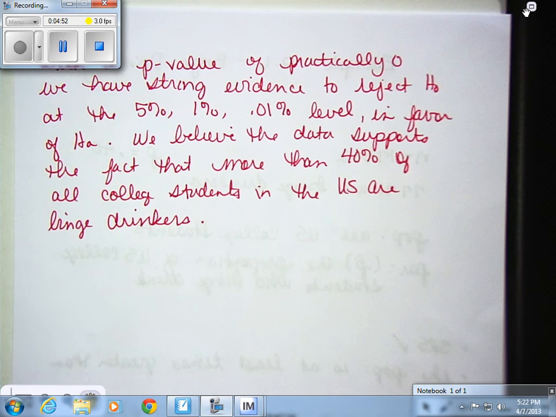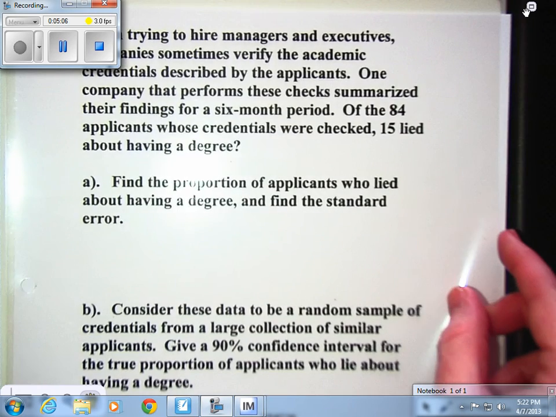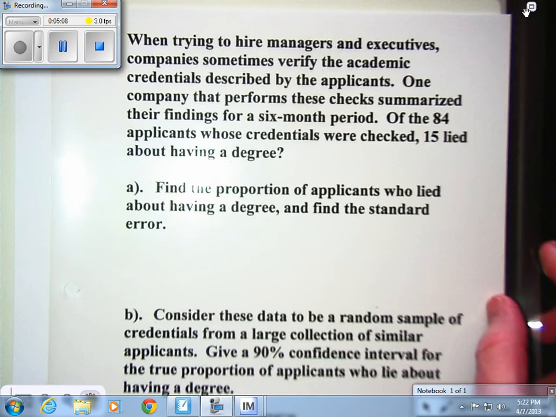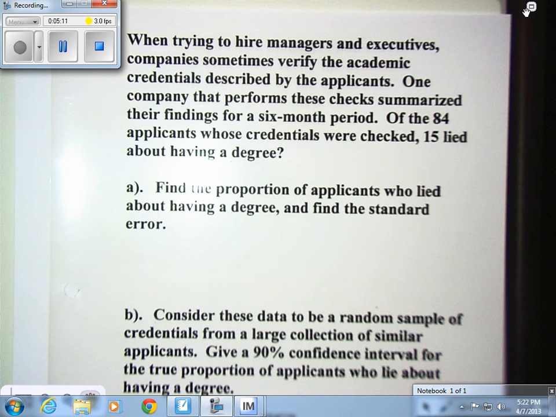The next problem we want to look at is a little bit different. So here it is. When trying to hire managers and executives, companies sometimes verify the academic credentials described by the applicants.